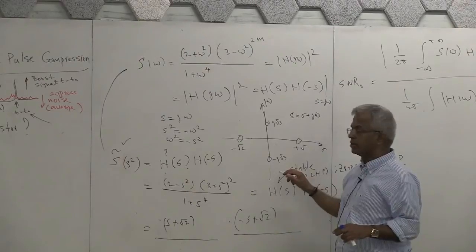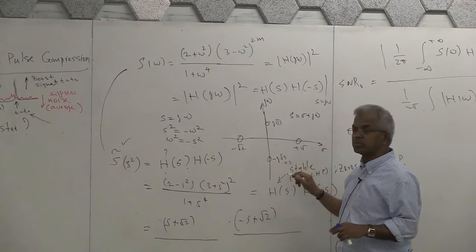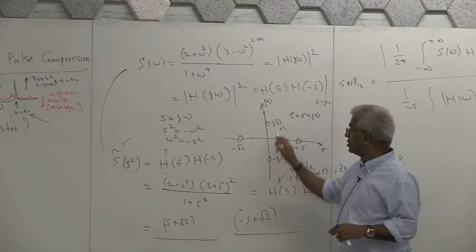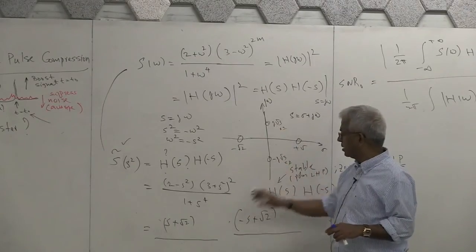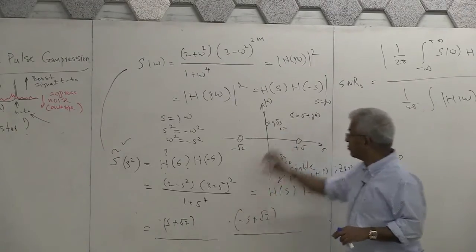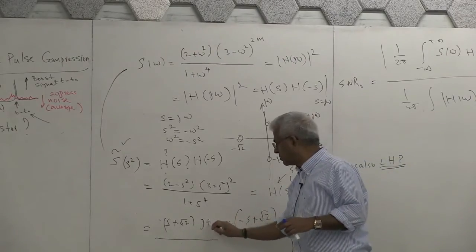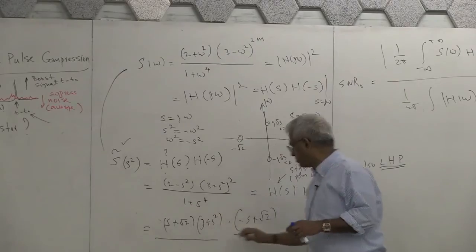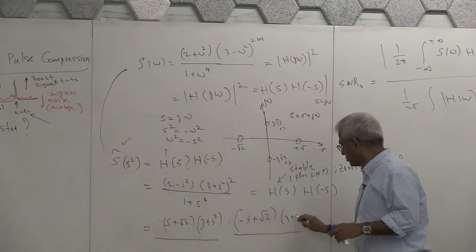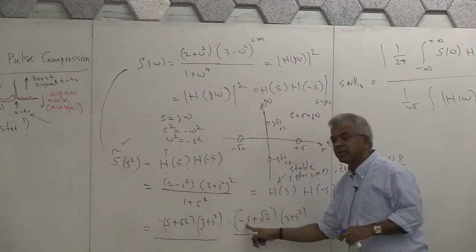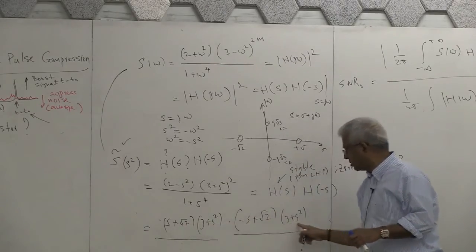But you see, look here, this appears 2 times, and this also appears 2 times. So if I take one from here and one from here and put it here, one from here and one from here, put it here, that's the same as 3 plus s squared, isn't it? There is no harm, because look, I change s to minus s, I have it here. S to minus s, these two are the same.